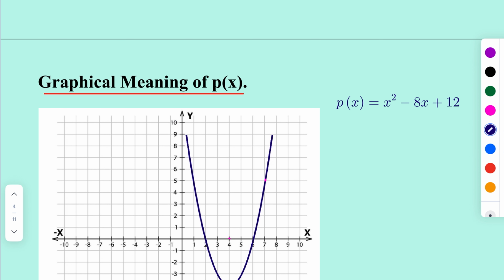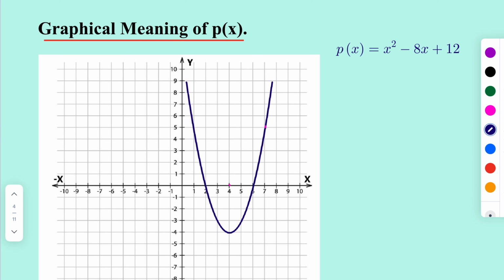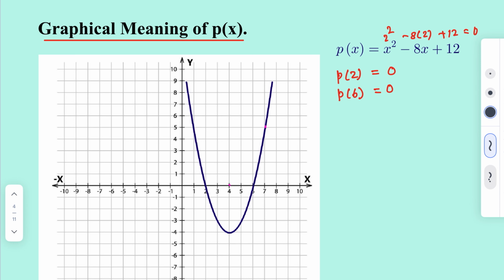Okay, next is one of the important concepts, the graphical meaning of p of x. Same example we have taken here. If we take p of 2, we have already seen it is equal to 0. P of 6 we have taken, it is equal to 0. That means we have to put 2 here: 2 square minus 8 into 2 plus 12, which is equal to 0.